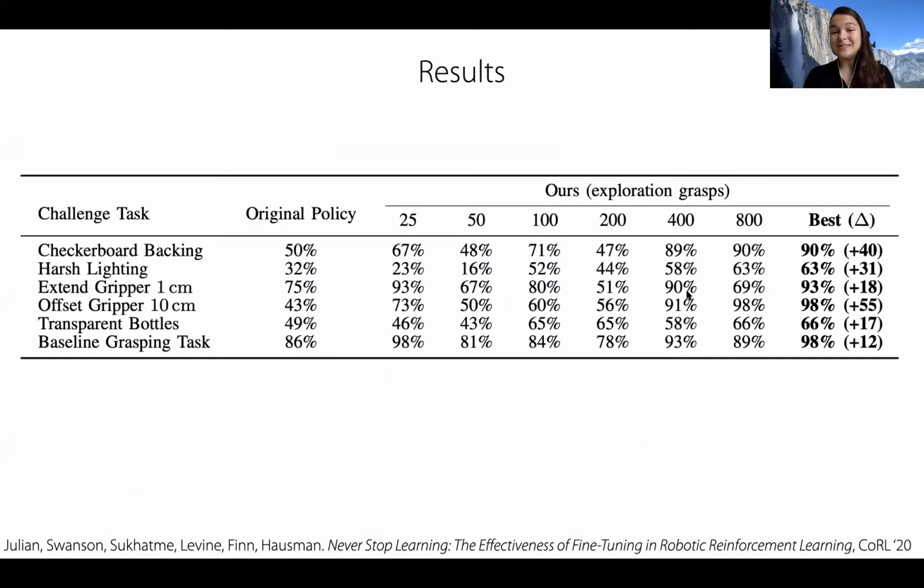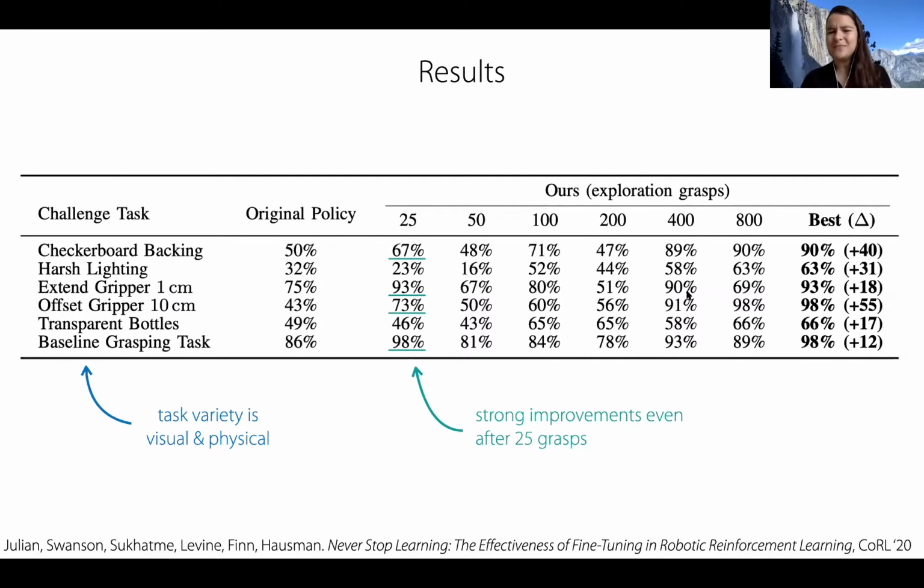And so fine-tuning is actually a pretty viable strategy for adapting to changing environments, both for visual and physical changes to the environment. We find that even after just 25 new grasps, we see strong improvements, and even better improvements as we continue to learn in the environment that we're in.